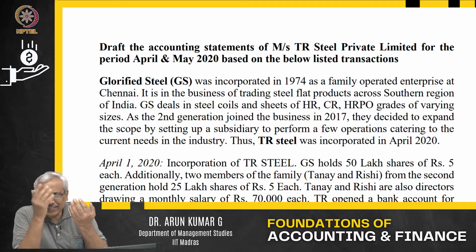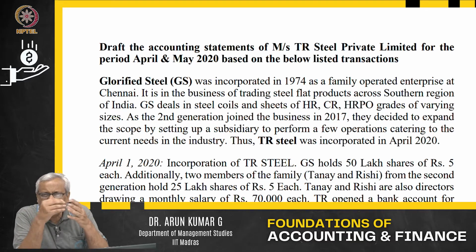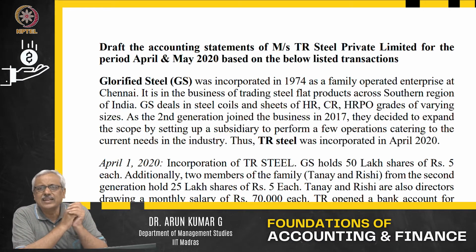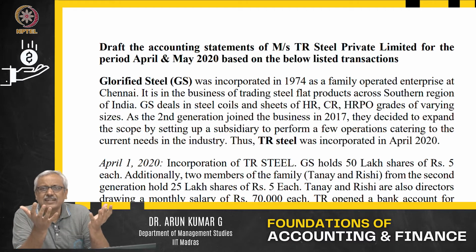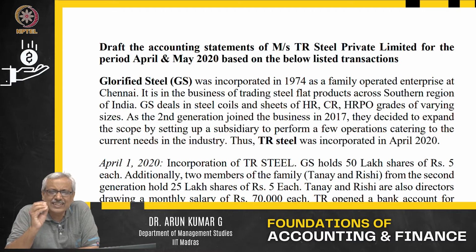As I had indicated in the first class, we record in a journal, then take it to a ledger, then take it to a P&L and a balance sheet, but we will directly take it to the balance sheet and the P&L and the income statement, so that we understand how every transaction will impact the balance sheet and the income statement. Our purpose is to understand how every transaction is going to impact the balance sheet or the income statement.